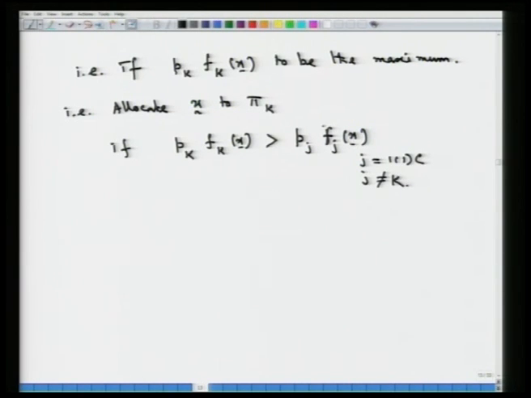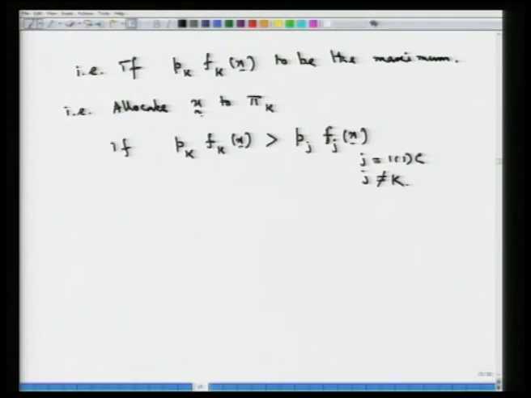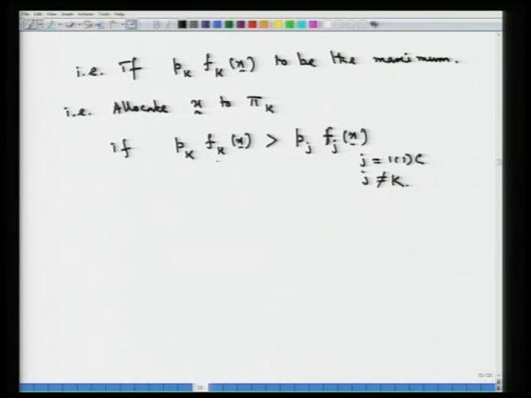So, we are not looking at that kth product on the right hand side, we are looking at all other c minus 1 products, and hence we are looking at all these c terms and then finding out for which of those c possible products we have got the product to be maximum, and then x is going to be assigned to pi k corresponding to the population for which this is going to be the maximum.